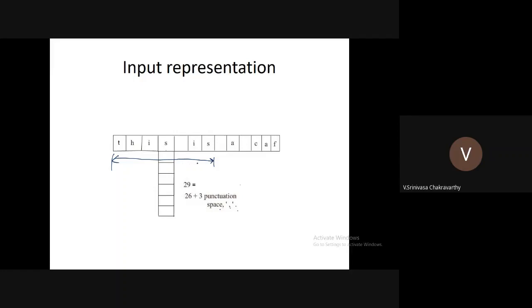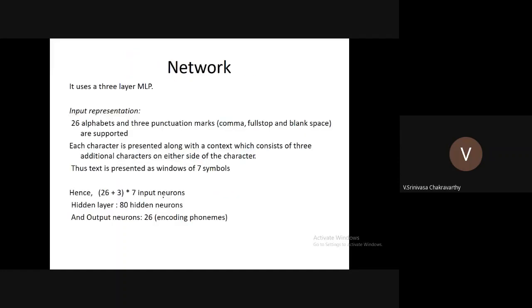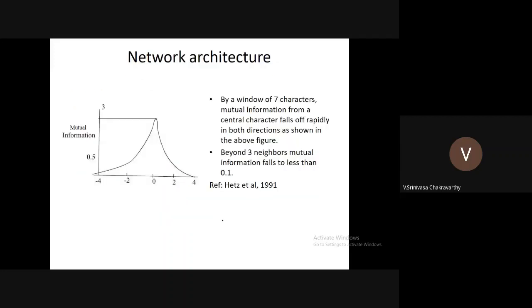That's how you construct the input vector. The hidden layer has 80 hidden neurons, and the output has 26 neurons, encoding 26 different phonemes. So input is text, output is sound, which is phonemes. The phoneme sequence produced by the output is given to a speech synthesizer, and then it actually produces running speech.